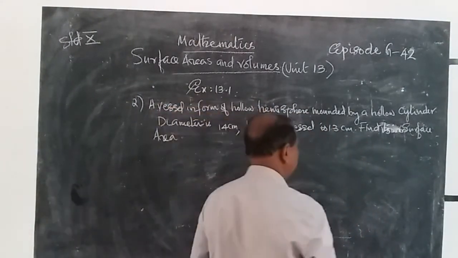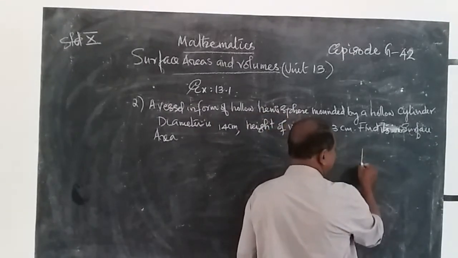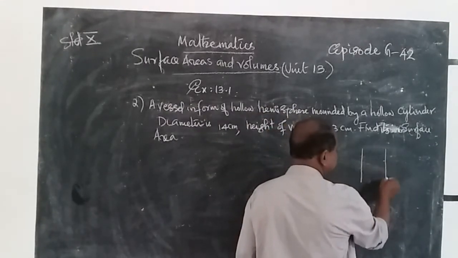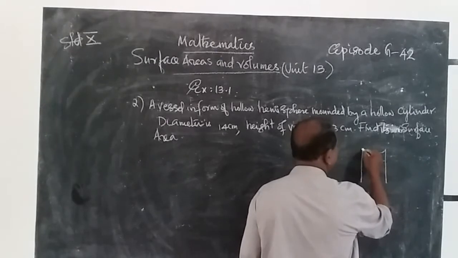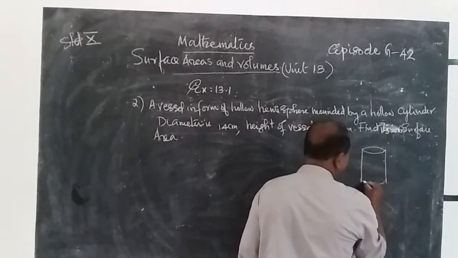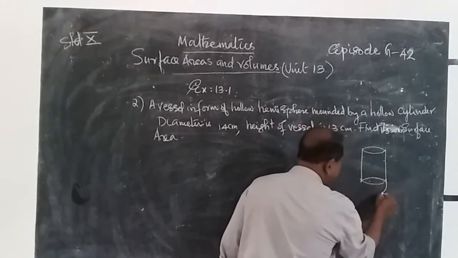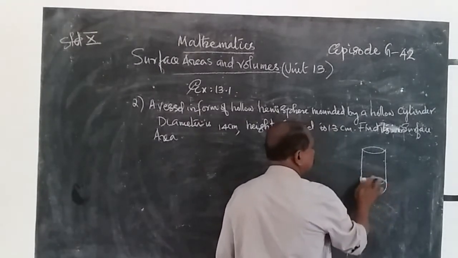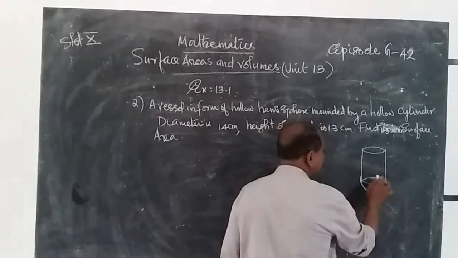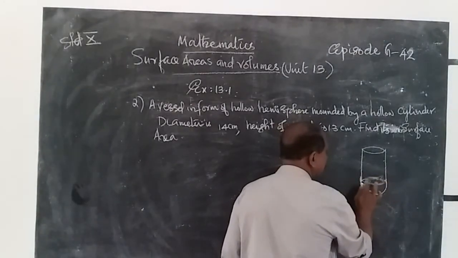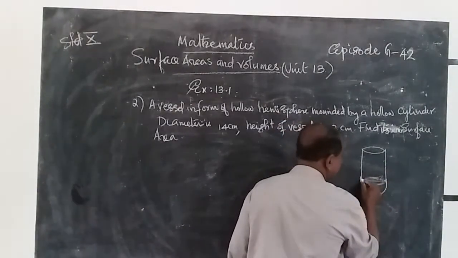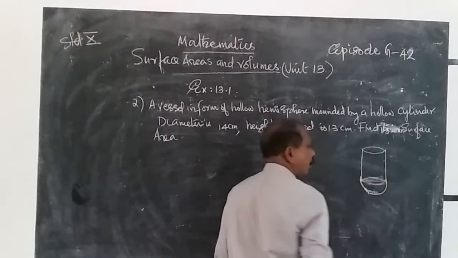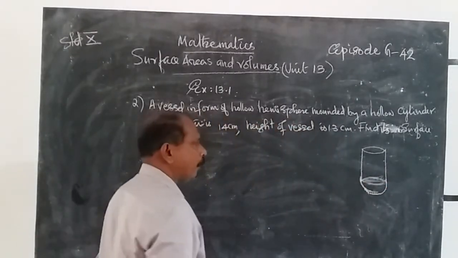That means there is a hollow cylinder and it is surmounted by a hemisphere. This is the figure. This is a sphere, a hemisphere. Clear?